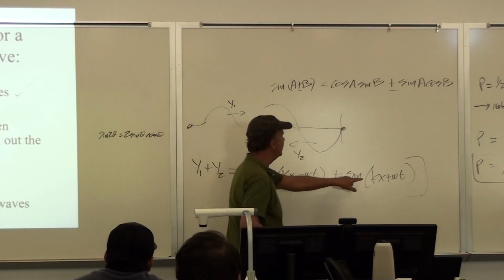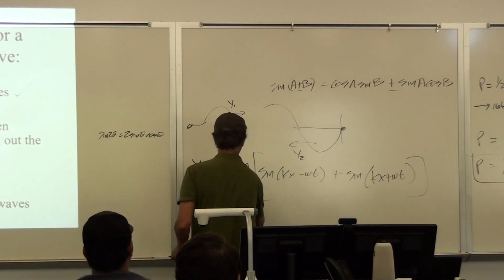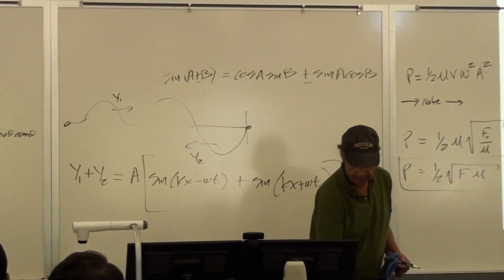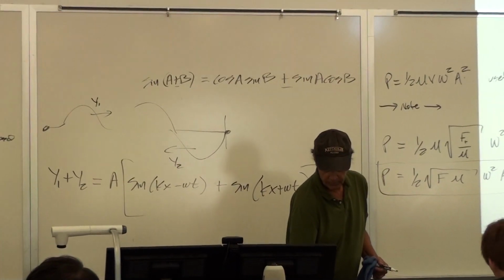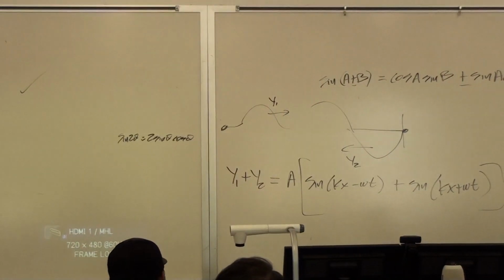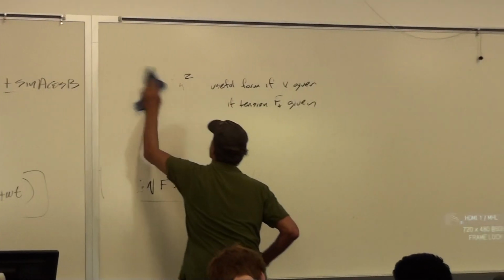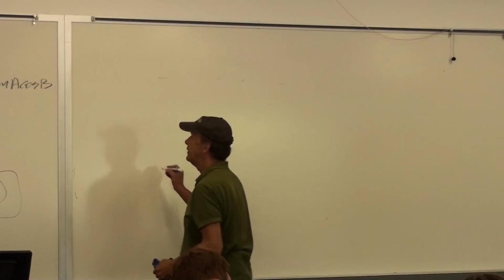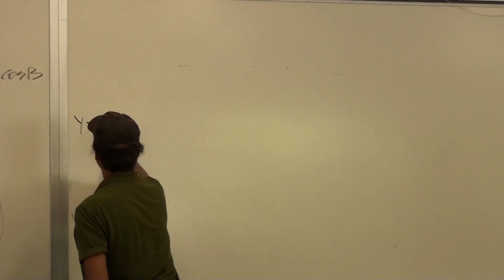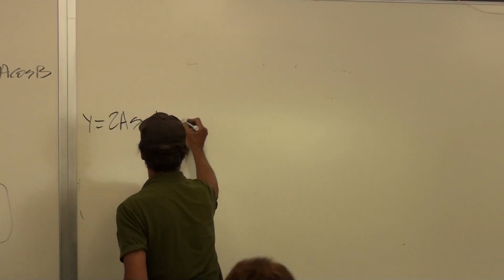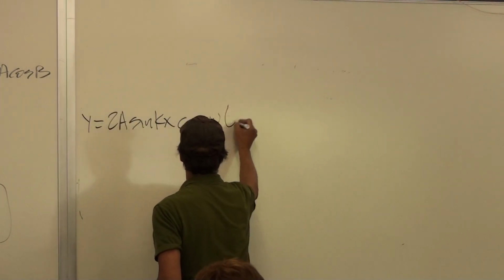But when you plug in these values for A and B, what you get is that our amplitude y is equal to 2A times the sine of kx times the cosine of omega t.